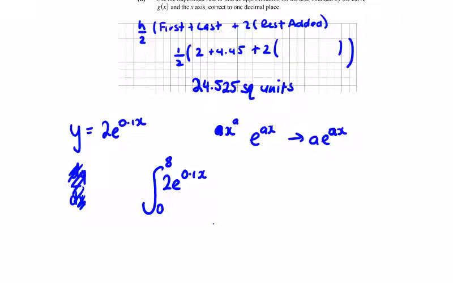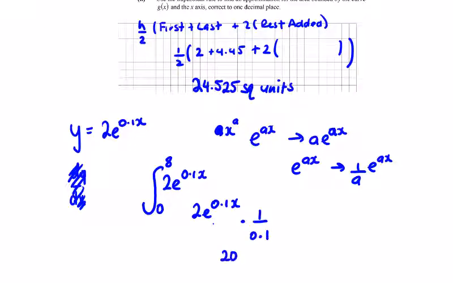So this is e to the power of ax. When we integrate, we get 1 over a e to the power of ax. So this is going to become 2e to the power of 0.1x times 1 over 0.1, which is 10. So we're going to have 20e to the power of 0.1x between 8 and 0.